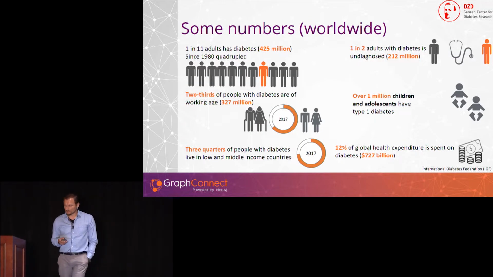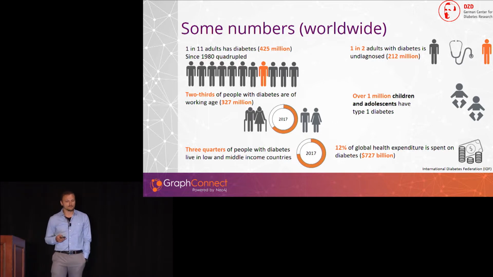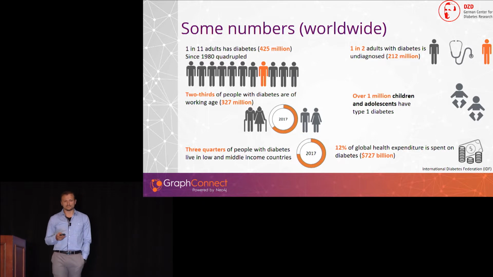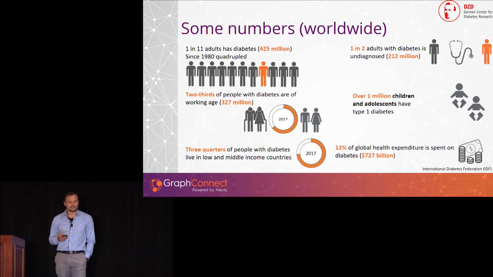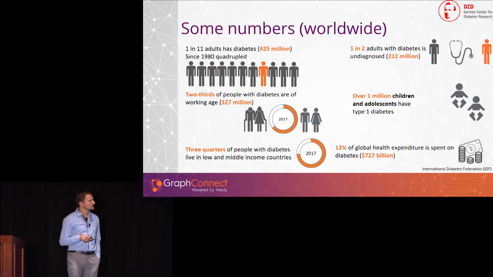Just to show you some numbers, worldwide we have more than 400 million people suffering from diabetes. It was thought that this was a disease of elderly people, but actually two-thirds of the people are in their working age. We have another 200 million diabetics who are undiagnosed.